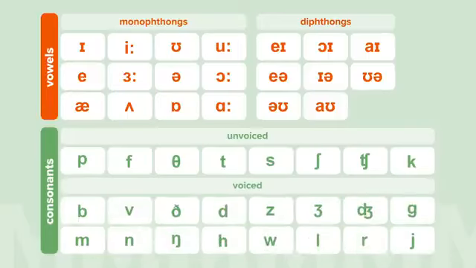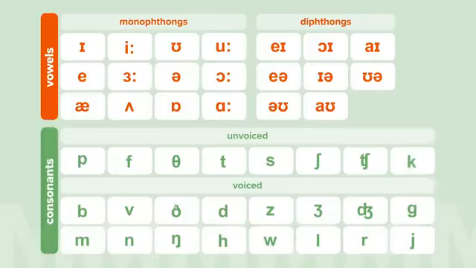So let's take a look. These are the 44 sounds of English. You'll notice that some of these sounds look like English letters. So that makes it easy, right? You can see the letter B for the B sound, the letter K for the K sound. But there are some different symbols here for other sounds.